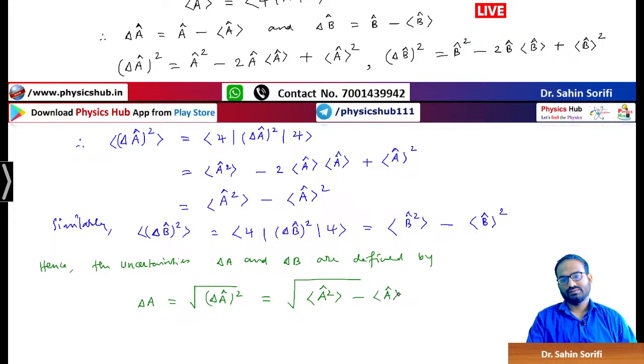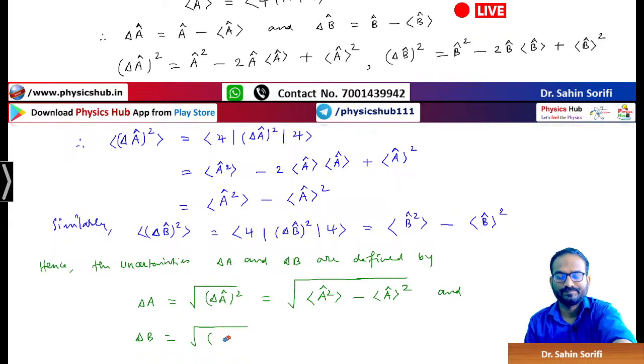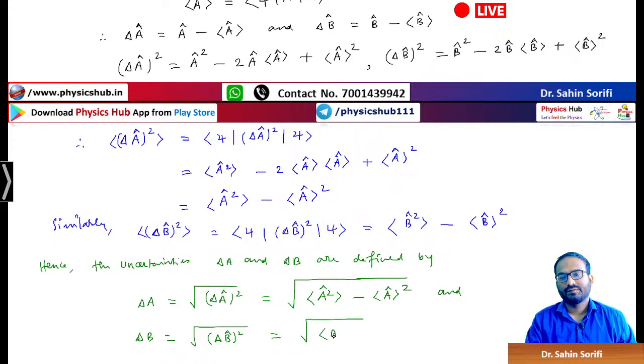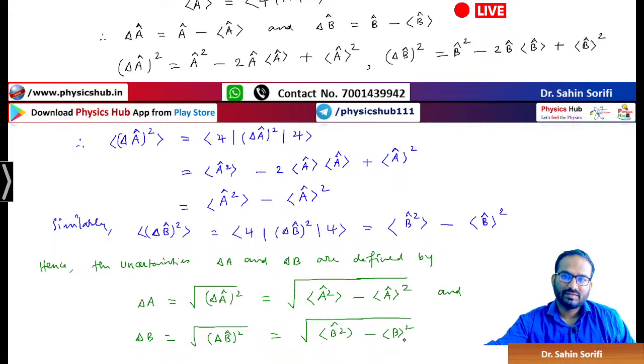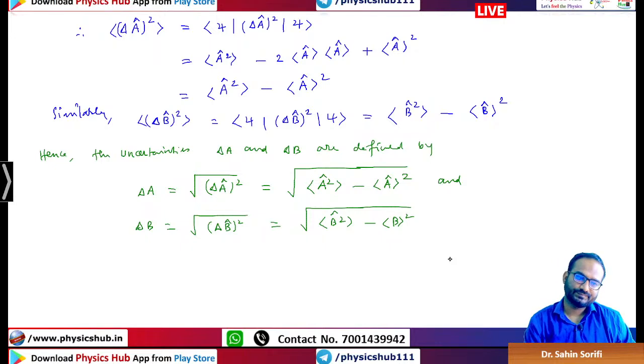It is like that. And delta B is defined in a similar fashion, delta B is the square root of B square expectation minus B expectation square. So simple mathematics, pure mathematics.